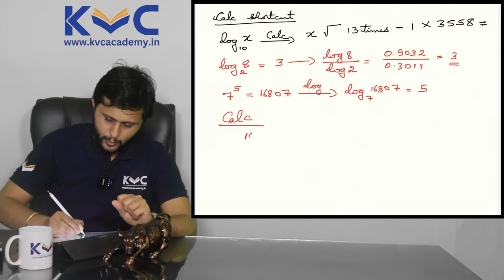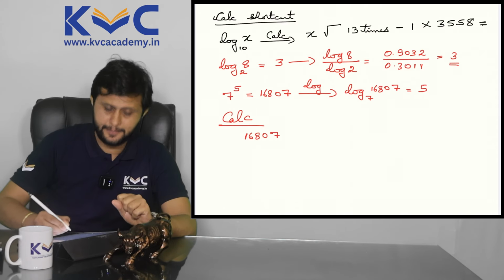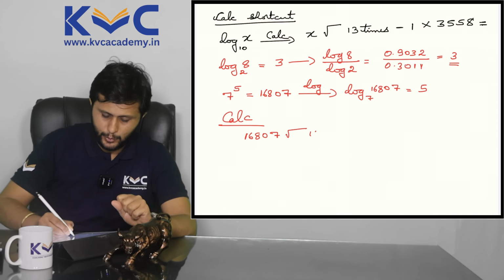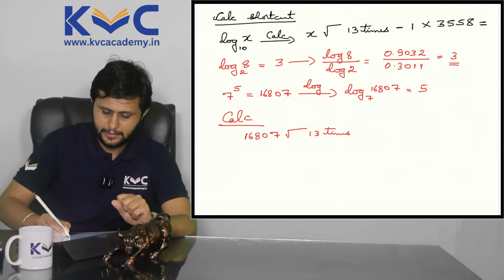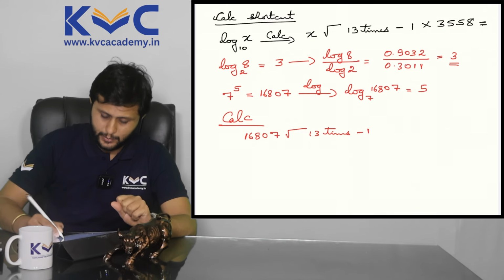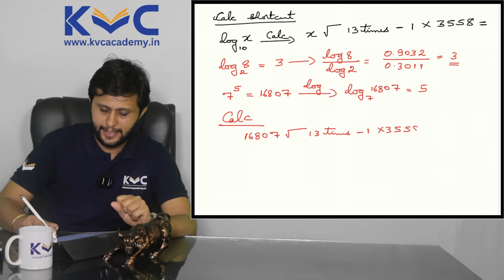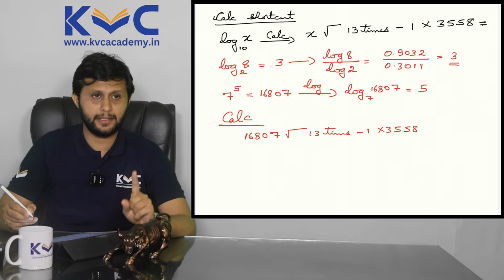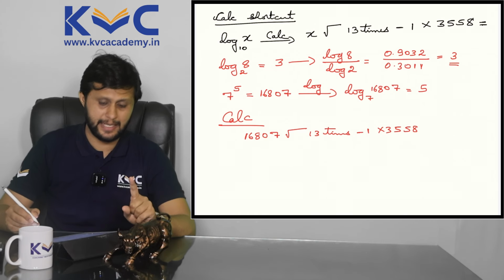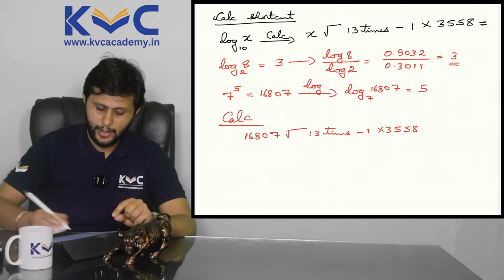Okay. In your calculator now, first press 16807. Press square root 13 times minus 1 into 3558. Remember, you have taken logarithm of 16807. What more do we need to do?